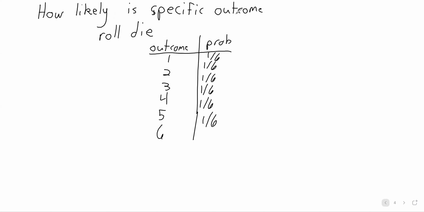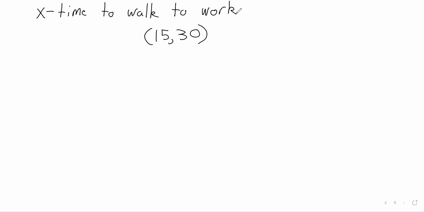Let's look at the time it takes me to walk to work. And let's say we're stuck in this interval. We always get there between 15 and 30 minutes. I might have said 10 on the last frame. Yeah, 10 to 30 minutes.